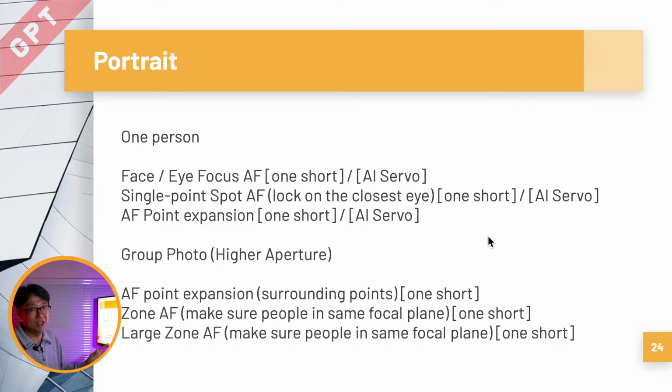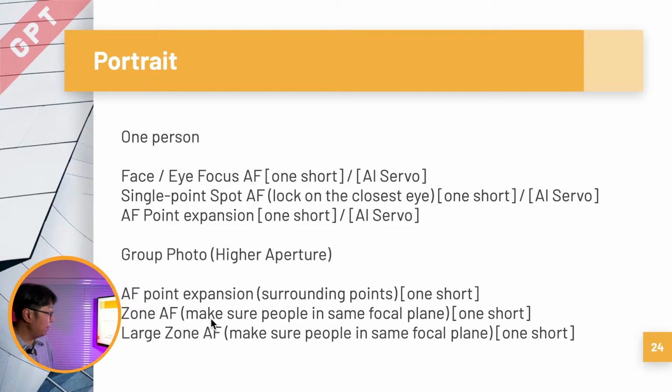The way is to use AF point expansion around, so you focus on maybe 2 people, and in this way more people will be in focus and you get a better average. One shot should be good enough because everybody tends not to move a lot, and because you changed to a higher aperture, there will be more chance to get the focus correct.